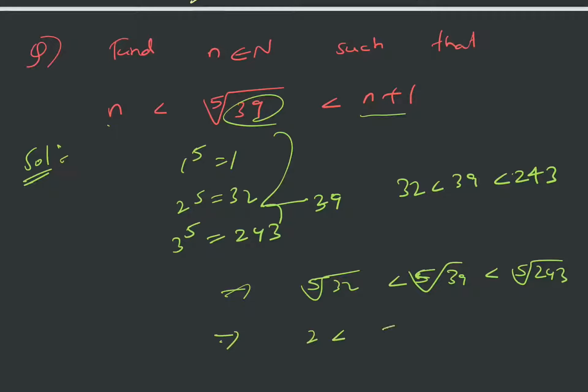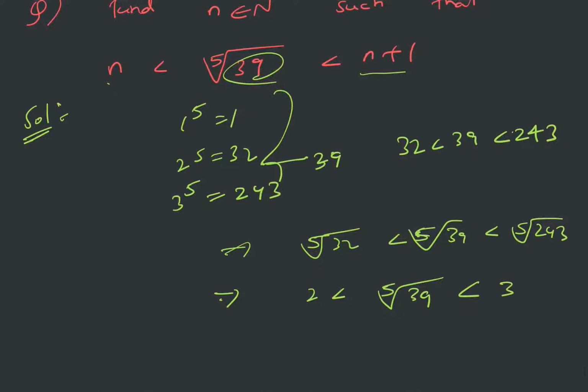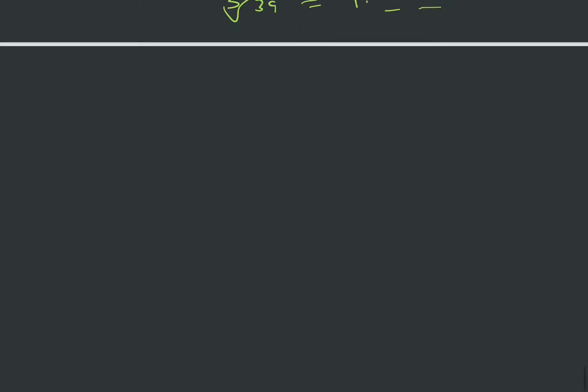So I can say that 2 is less than fifth root of 39 is less than 3. So the value of fifth root of 39 will be 2 point something. Fine. So I think the basic idea of what is nth root of a is clear to you.